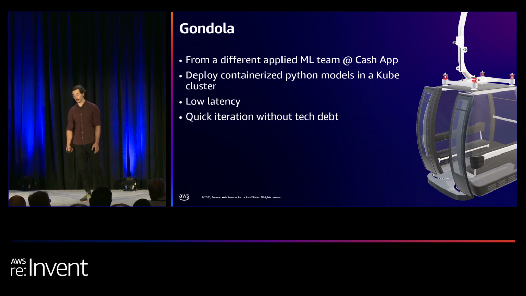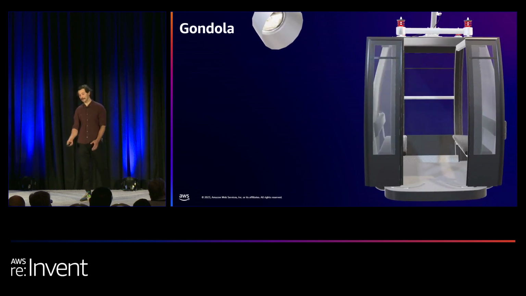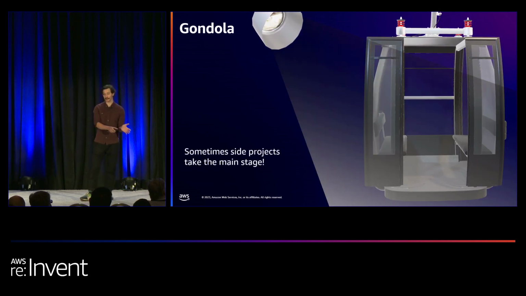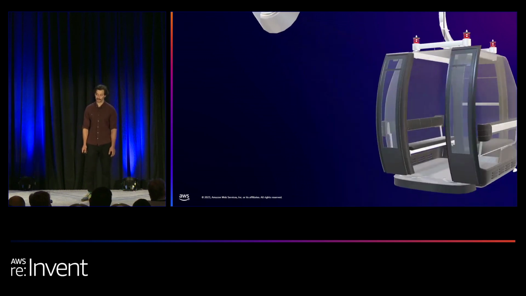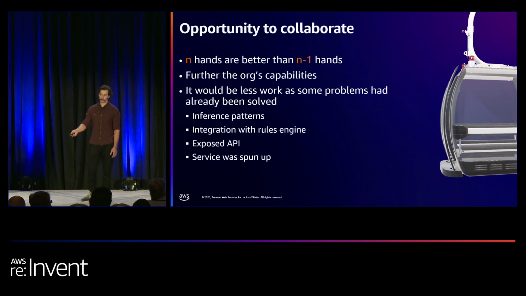But it turned into a lot more, and I think a lot of people can probably relate to this: when you have side projects that come out of certain teams, they sometimes turn into main projects in themselves. What we saw in Gondola was an opportunity to collaborate, and at the end of the day, we ended up choosing that existing service for everyone option from that table before. And we built the SageMaker integration directly into this new service, Gondola, and we collaborated with the other applied ML team to do so.